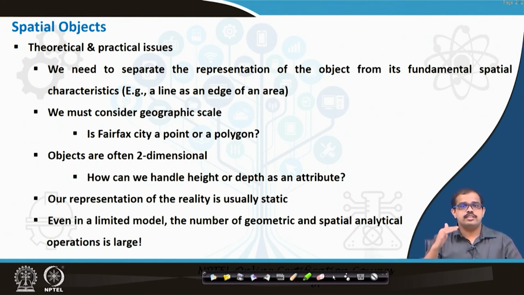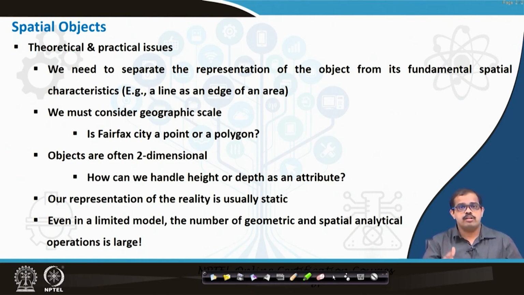Our representation of reality is usually static. When you are looking at a GIS model, it cannot be dynamic. Nowadays, because of the evolution of web GIS in a larger form, it is becoming more dynamic, but in today's scenario, it is still static.